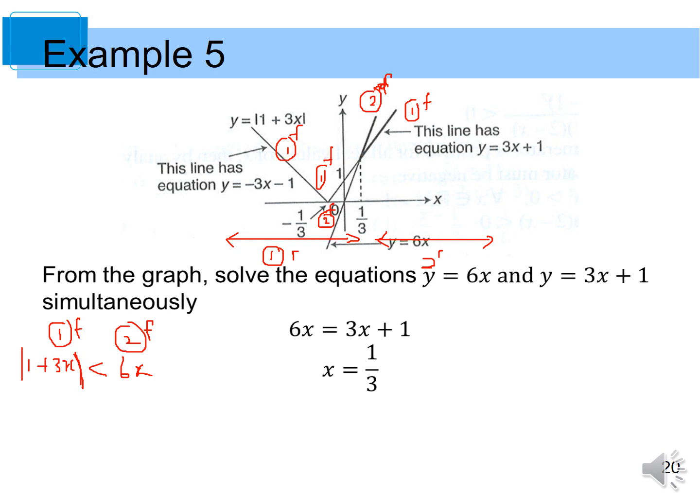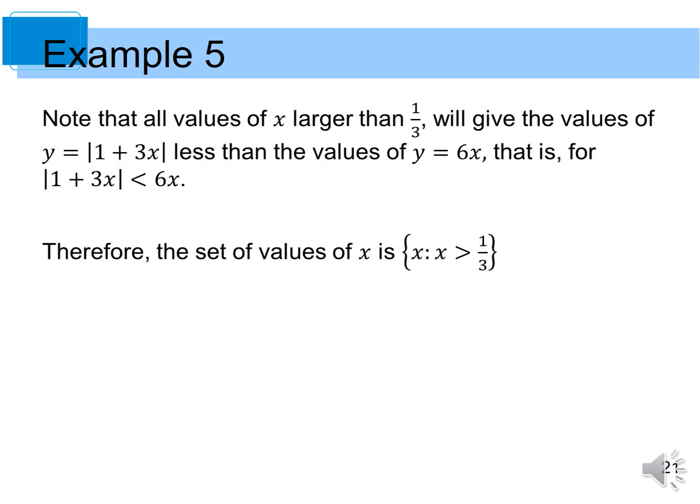The first function less than the second function. The first function is here, lower than the second function. You can extend your line. So the answer is x greater than 1/3. So we can conclude our answer. Write our answer in solution set form.